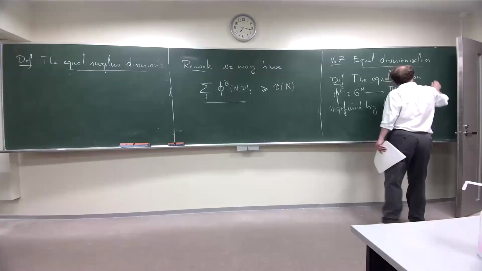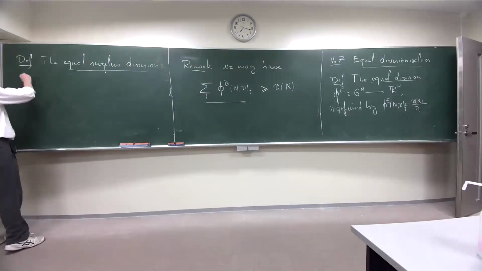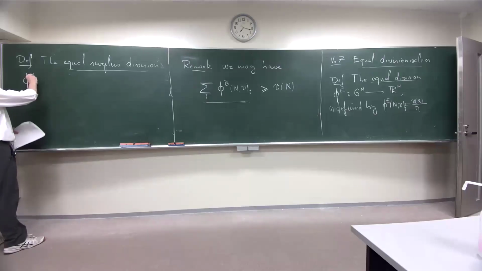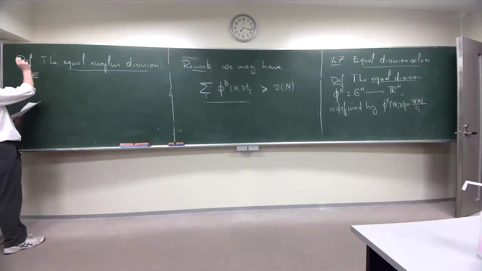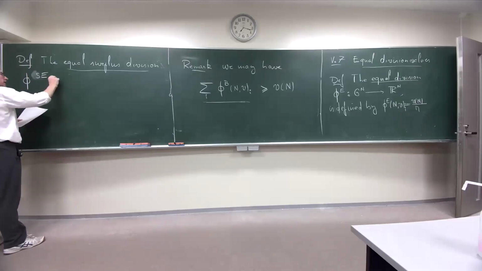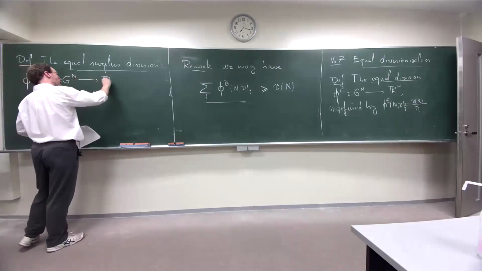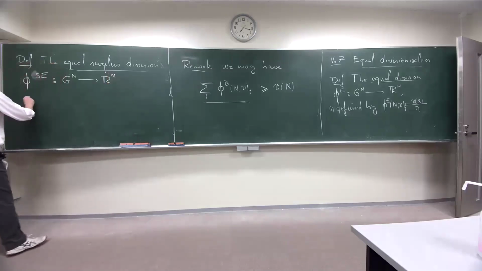This was the equal division. Now, the other one, which is denoted by phi SE, takes any game and sends it to R n. How is it defined?